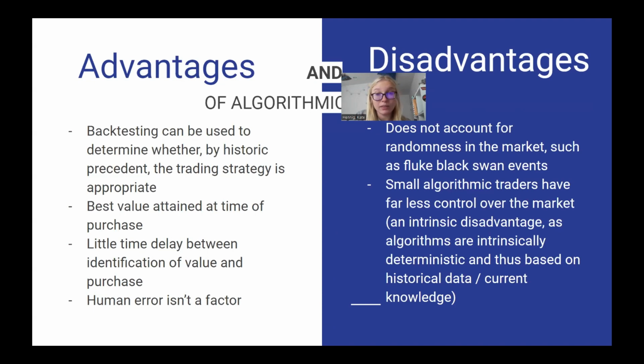Okay, advantages is that although you have no control over the market, you can backtest. And backtest is basically you take your algorithm and apply it to a stock over a period of time in the past. And you can see how much money this algorithm would have made for you.